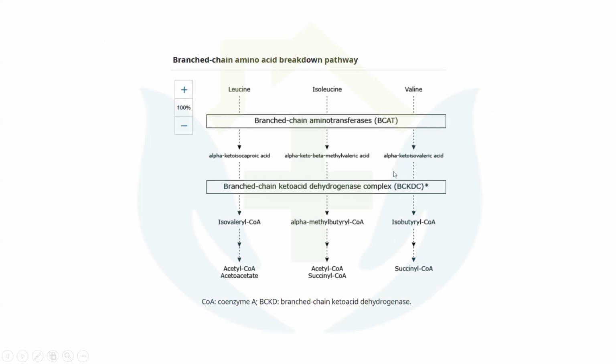Then the next is the dehydrogenase, after which the pathway yields acetyl CoA or succinyl CoA, the final metabolites. These either go into the Krebs cycle or other cycles. So the enzyme deficient here is the dehydrogenase complex, which causes maple syrup urine disease.